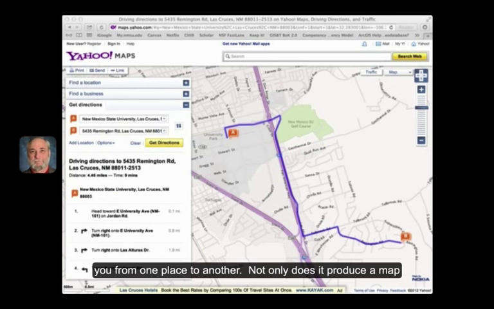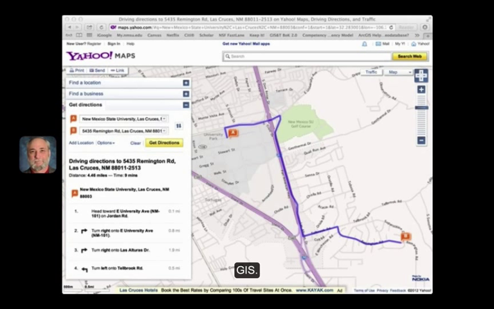Not only does it produce a map as an output, it also produces a road log, literally telling you where you're going to go. It's a route that you can follow, and it puts it down as text. Now, this is part of what you will find inside of full-blown GIS. So Yahoo Maps is not really a full-blown GIS, but it does use some of the GIS capabilities. So I like to refer to it as a rudimentary GIS.